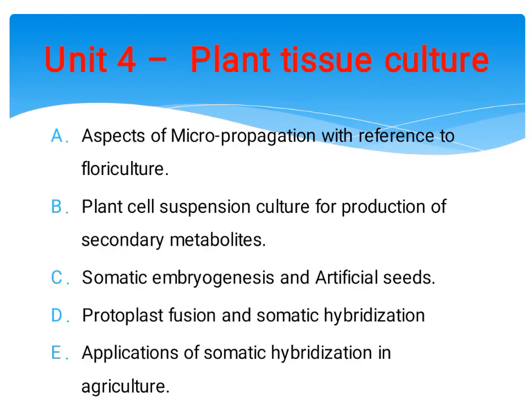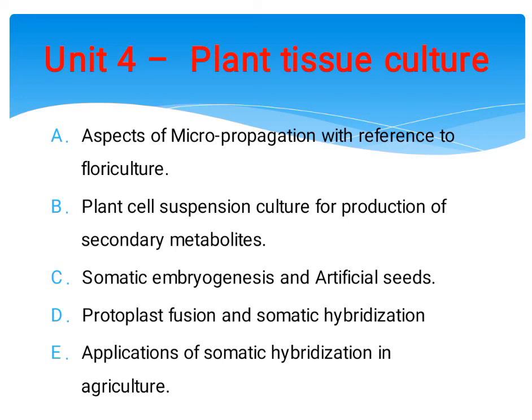And last unit is known as unit 4, plant tissue culture. First topic is aspects of micropropagation with reference to floriculture. Plant cell suspension cultures for production of secondary metabolites.